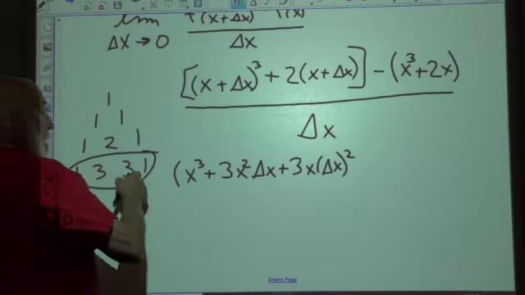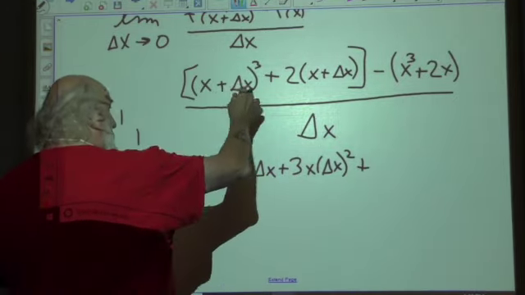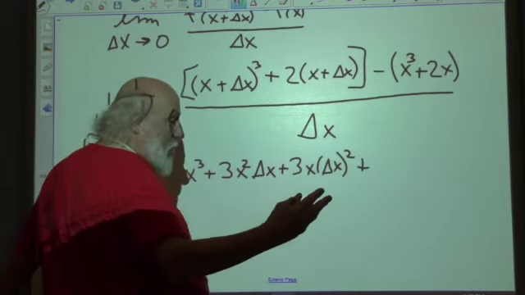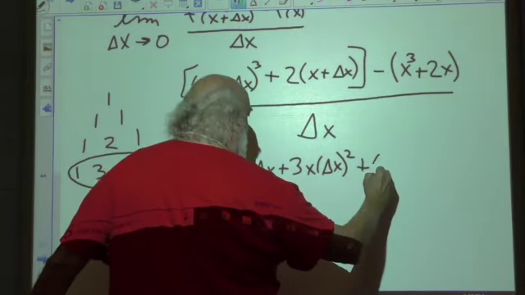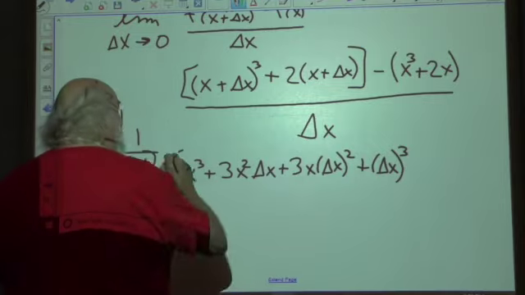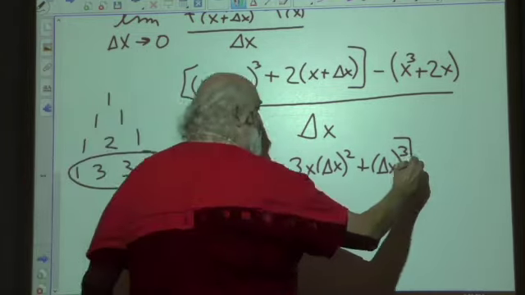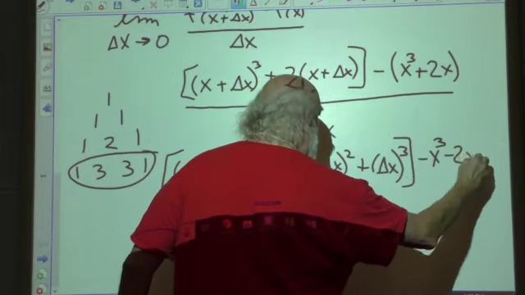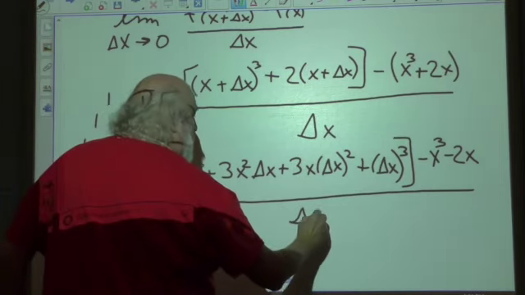Then 1, so plus, and that is going to be no x over here, because now that's a 0 exponent, which drops it out. But now we have quantity delta x cubed. That's that entire monstrosity right there. Minus, now we change the signs here, x cubed minus 2x all over delta x.